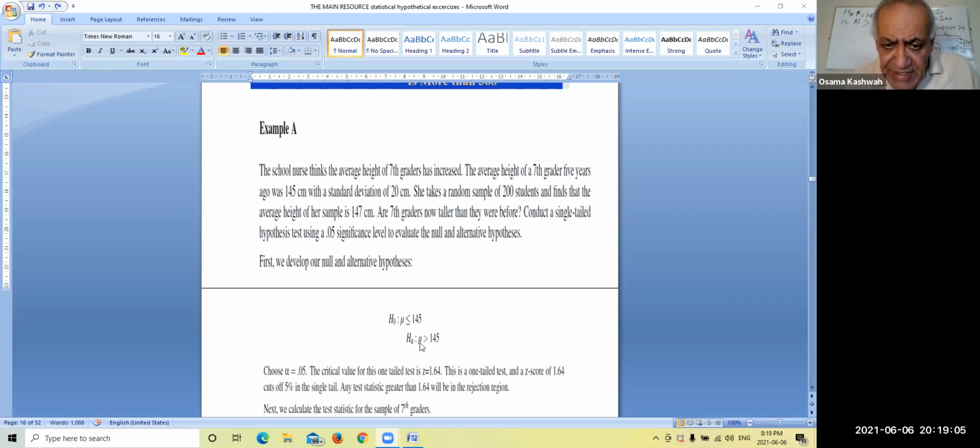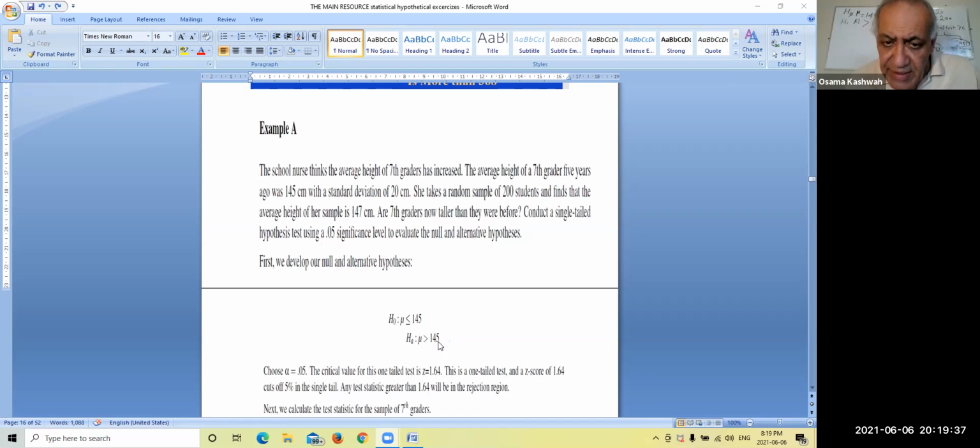For that reason, look at the alternate hypothesis: mu1 is more than 145, because she found 147 centimeters in the sample. Again, for my dear students, I will repeat, because this is the basics itself. She found 147 in the sample, so mu1 will be greater than 145.